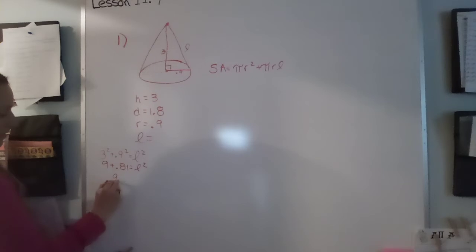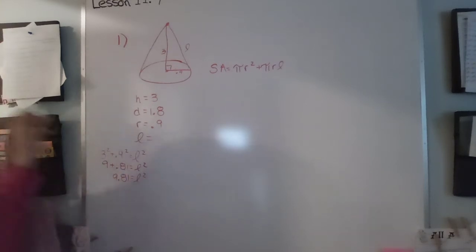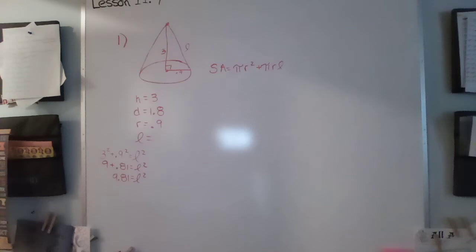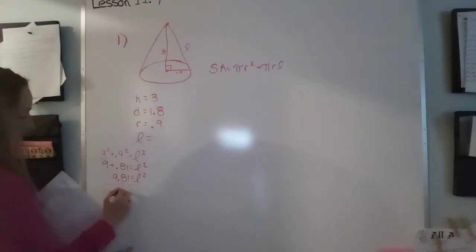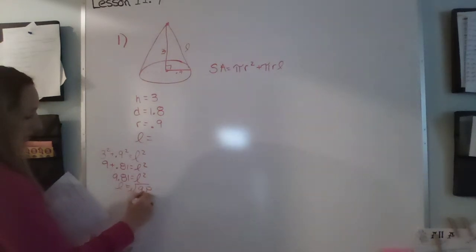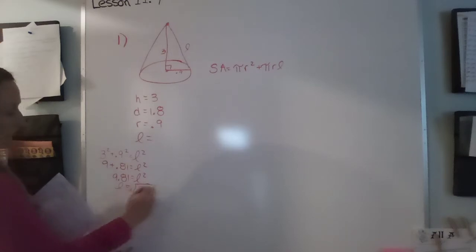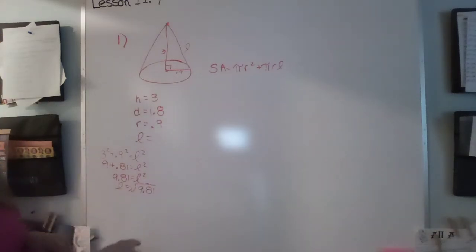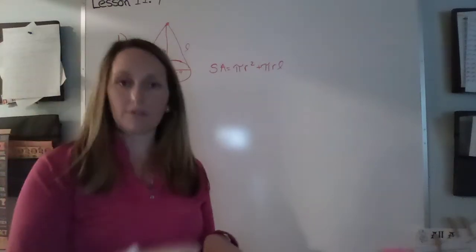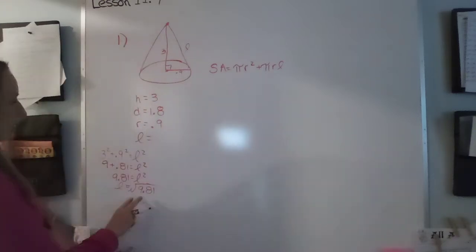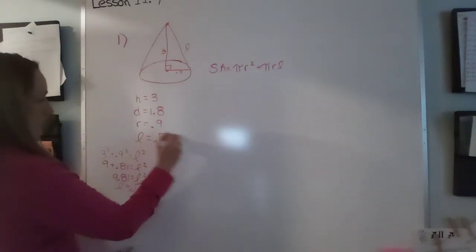It's 9.81 equals L squared. I'm going to leave it as the square root of 9.81, so that you're not using an approximated value to do another calculation.